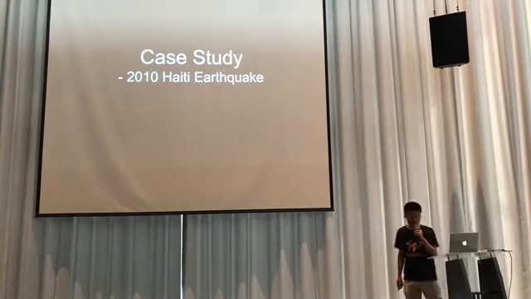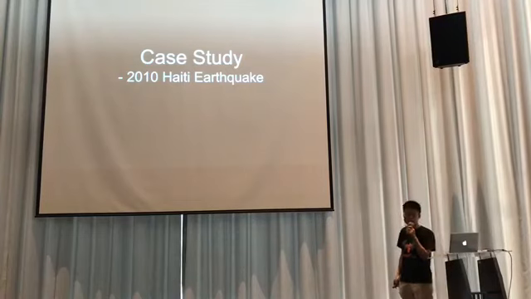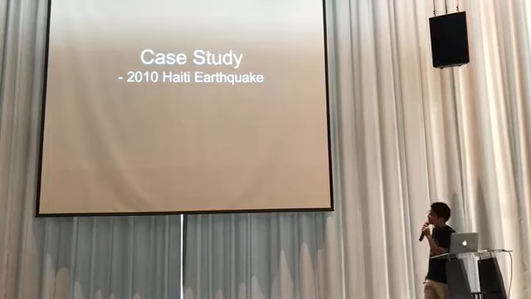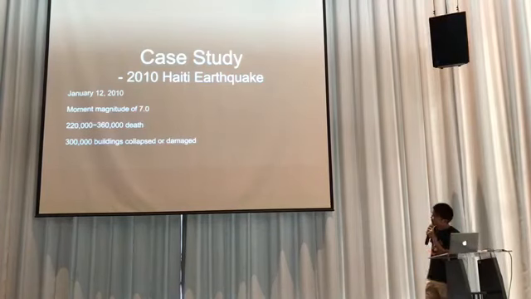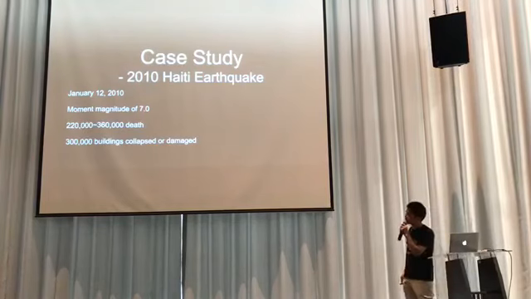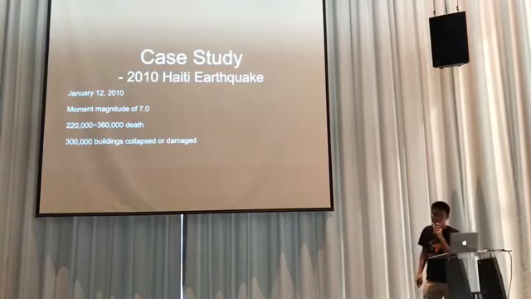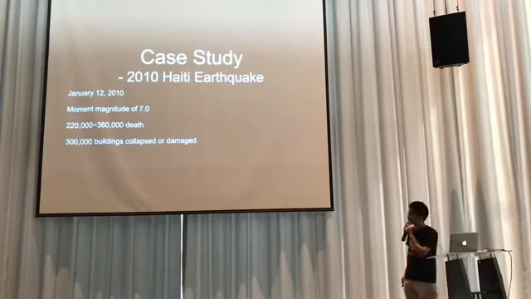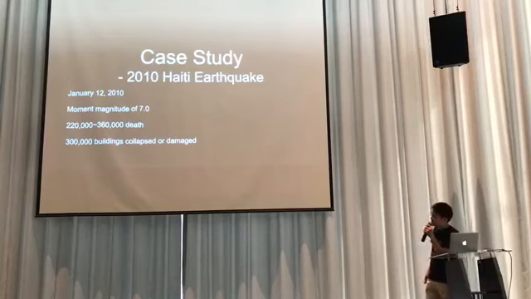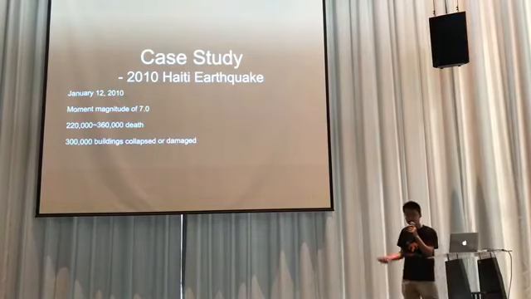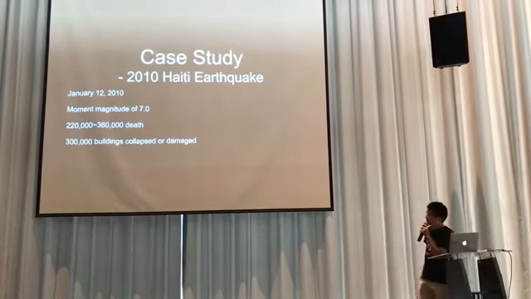So next, we talk about the case study about the 2010 Haiti earthquake. It occurred on January 12, 2010, and had a moment magnitude of 7. About 200,000 to 300,000 people died because of this earthquake, and many buildings collapsed or were seriously damaged.